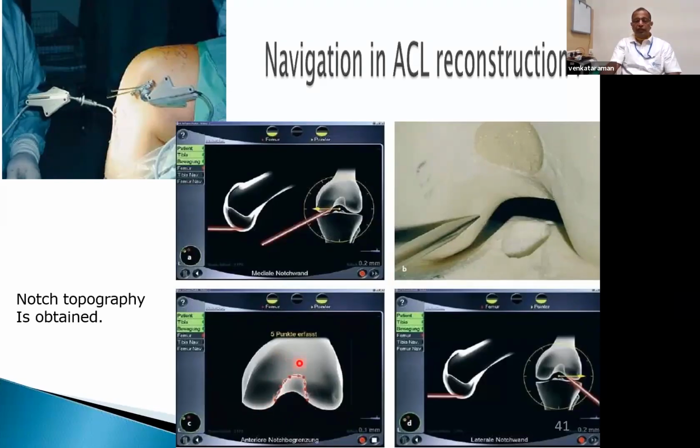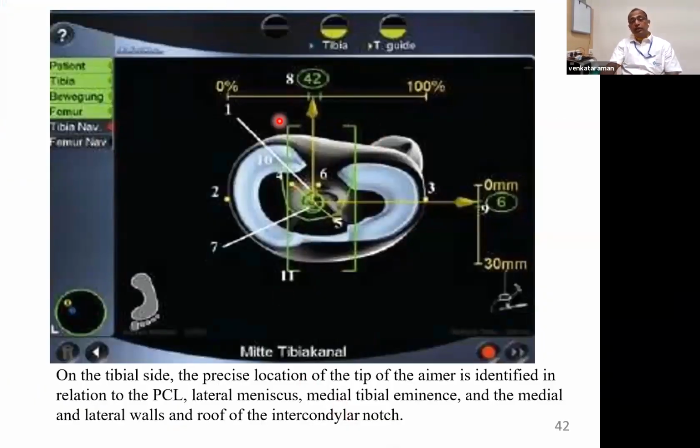First and foremost, I look at the notch topography of this patient, because some patients will have a wide notch which can accommodate a larger graft, and some may have a narrow notch which can impinge. So I have to know this. This is what computer aided surgery gives me. Previously, by arthroscopy alone, I had fewer reference landmarks for placing my tunnel.